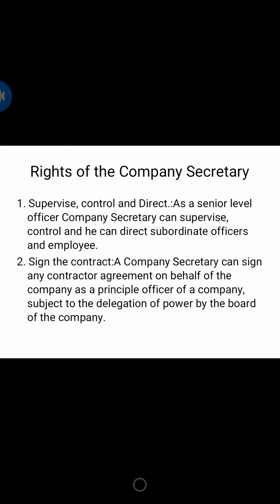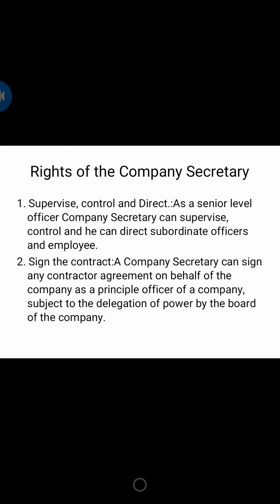As we say, his eye is going to observe each and everything. He is going to control if anything goes wrong, and he can direct the subordinate officers and the employees who are under him. So what is his right? He has a power to supervise, control and direct.